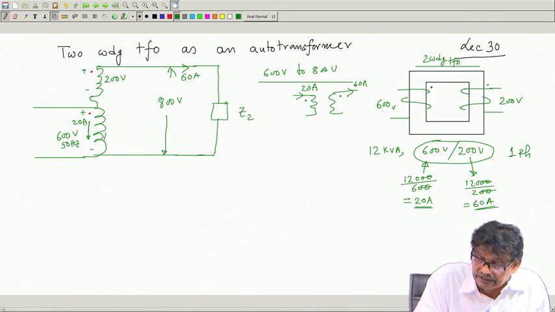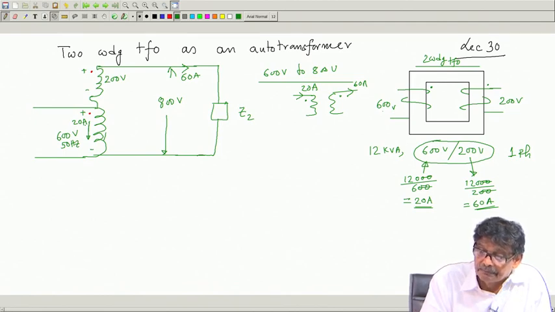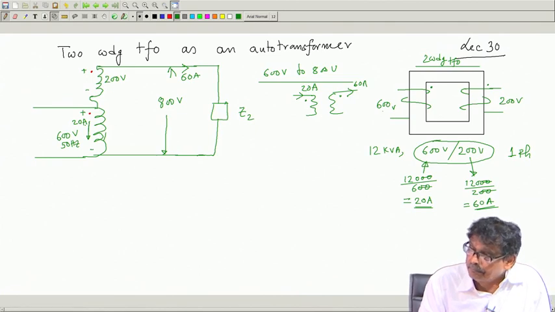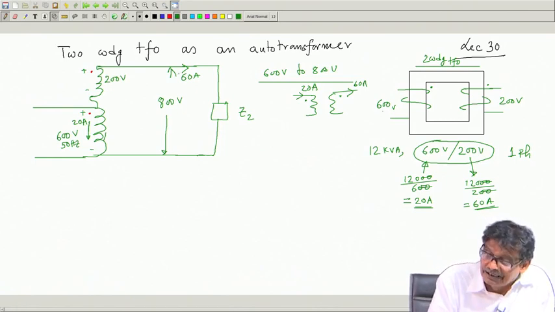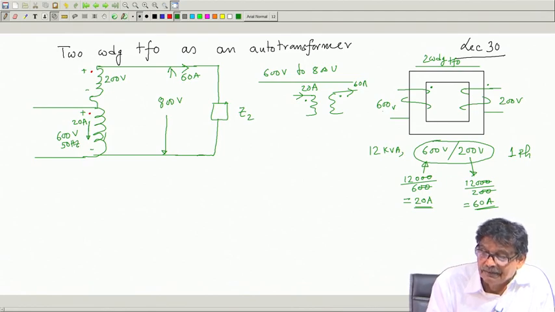So, this is 60, this is 20. I will come back, just let me see whether any mistake I have done, but let me carry on. So, this is 60, this is 20.